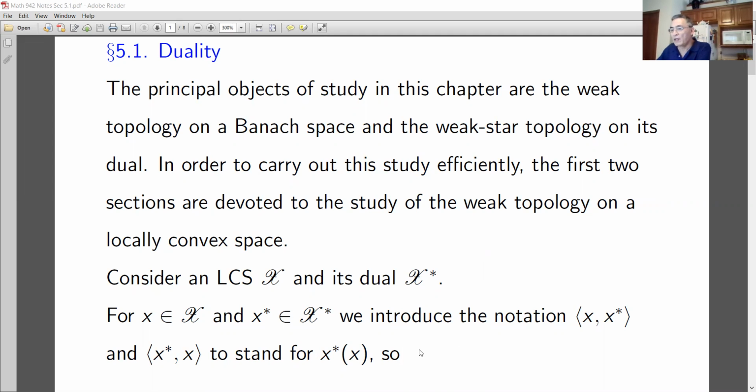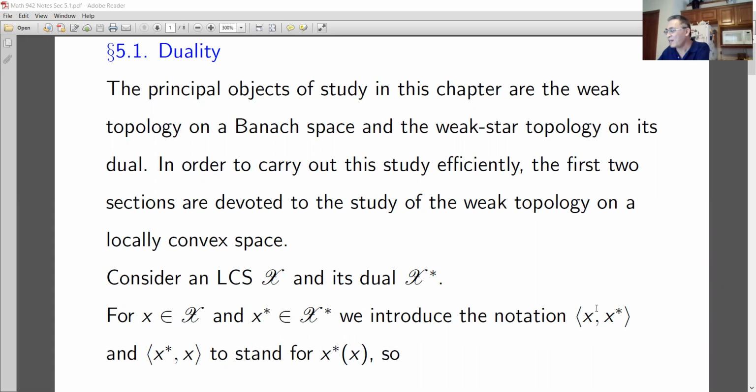So here, X is a locally convex space, and X star is its dual. For x in X and x star in X star, we introduce the notation ⟨x, x star⟩.